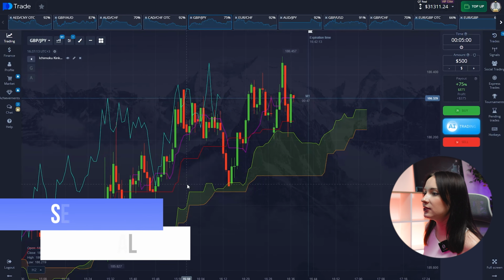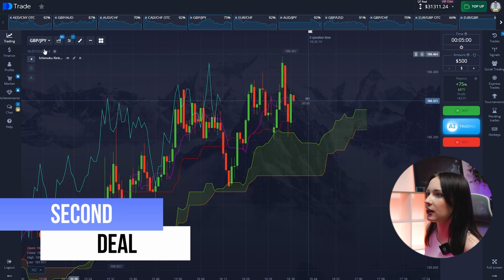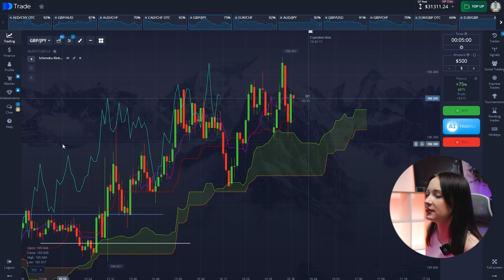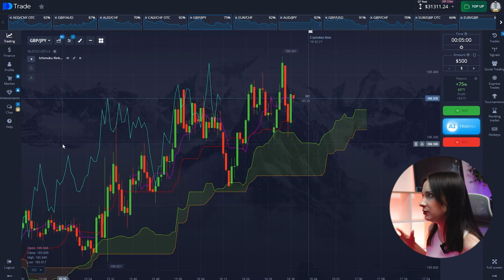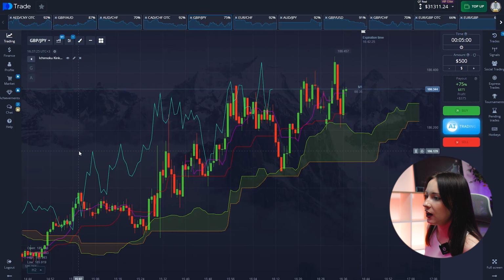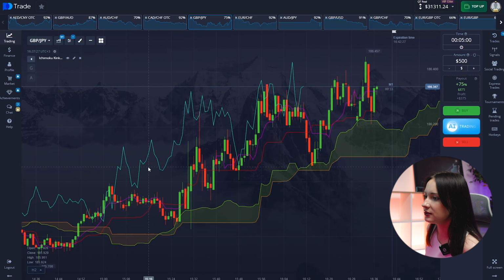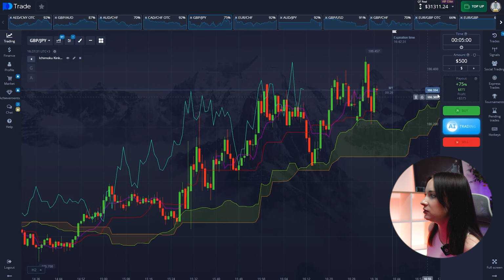So let's do the second trade, and I switched to another currency pair, pound sterling and Japanese yen, because on the other chart we would have needed to wait quite long for a good entry situation. Now I find that the main currency pair chart lies above the cloud, so a buy position, and I look for the crossover.